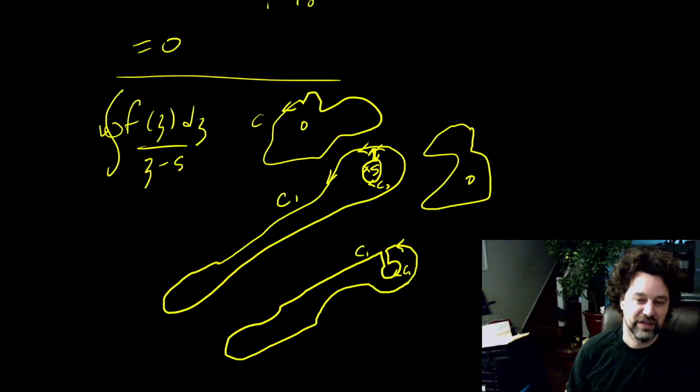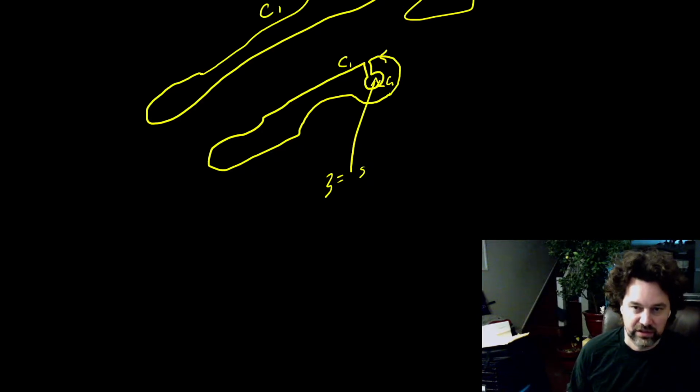And let's evaluate the integral around C2 just to see what we get. So if that is our point s, and our circle around that point is going to be z equals s plus r e to the i theta.